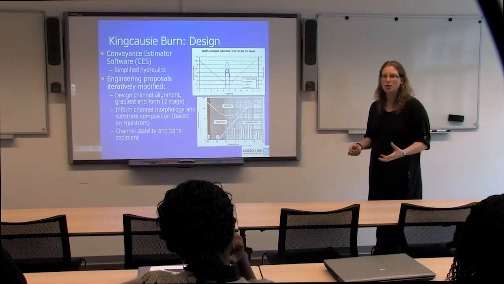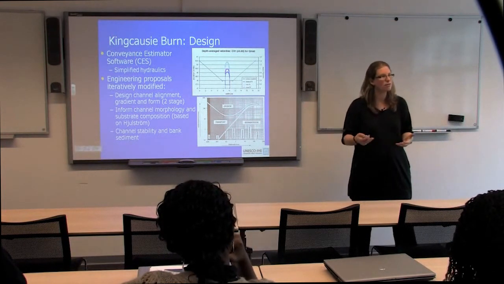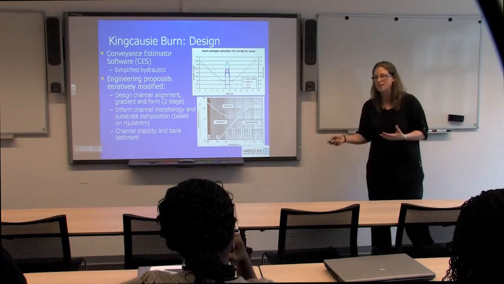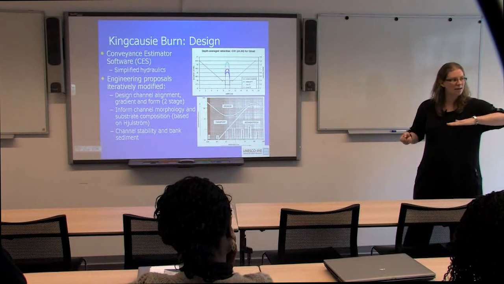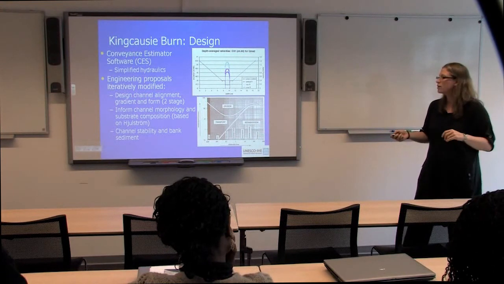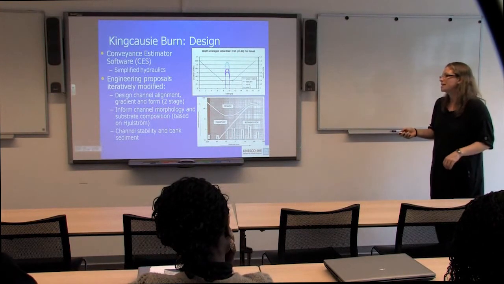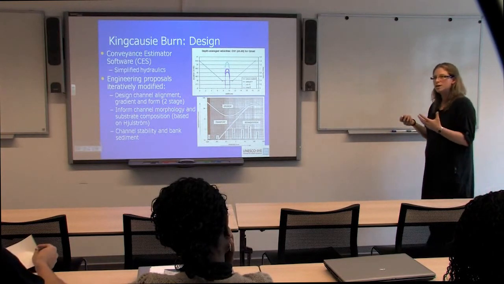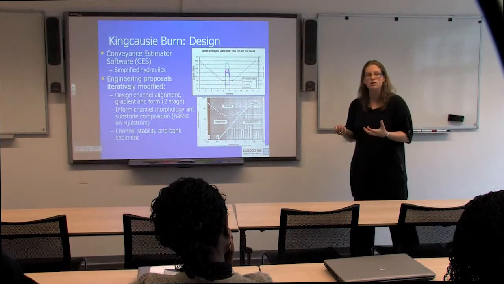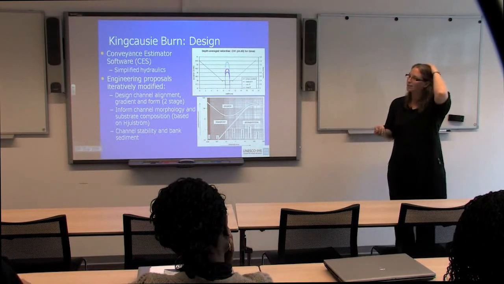So we wanted a stable channel, a channel that didn't erode because we didn't want the sediment moving downstream. So we could design the channel alignment, design the gradient of that channel to make sure that it's a stable channel, but it still uses as much of the natural environment as it can.